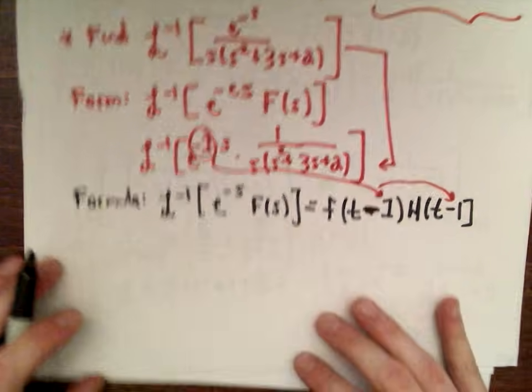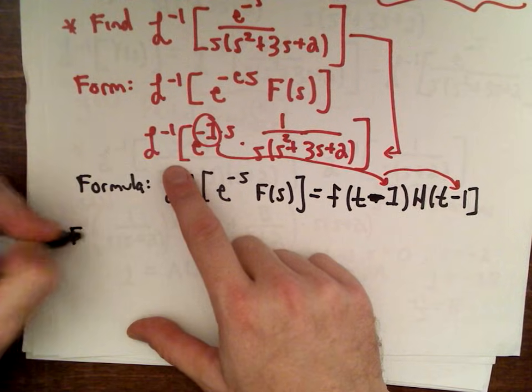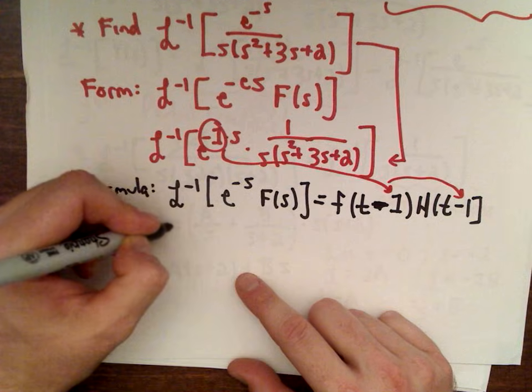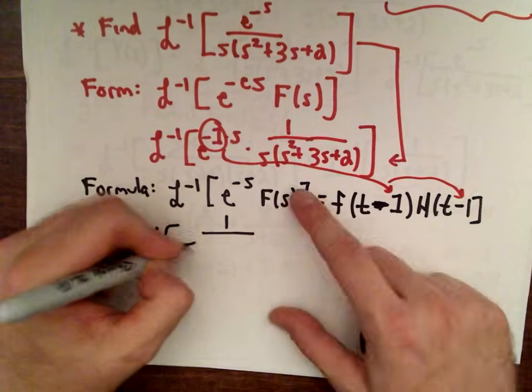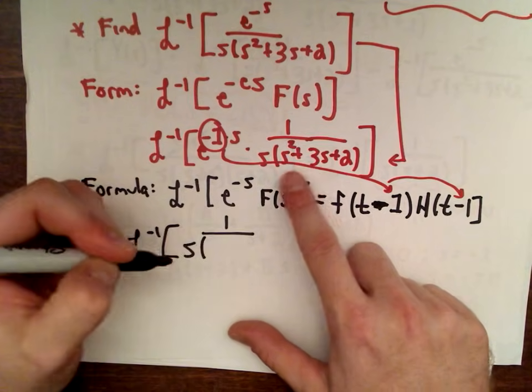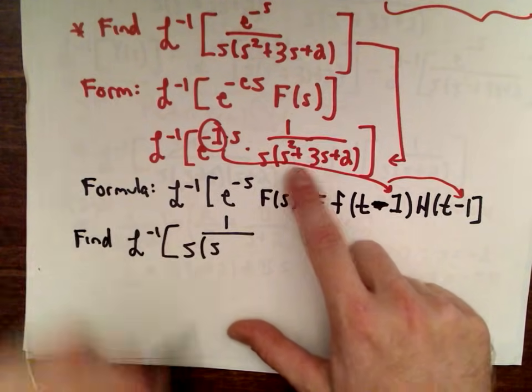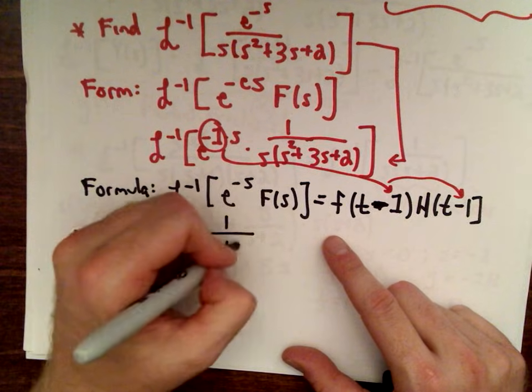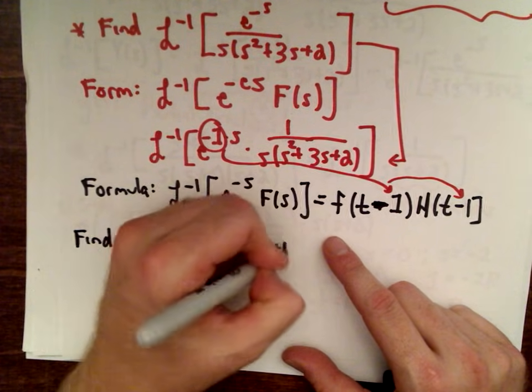So the next thing we have to do is find the inverse Laplace transform of 1 over s multiplied by s squared plus 3s plus 2. Well, I can again write s squared plus 3s plus 2 as s plus 2 multiplied by s plus 1.